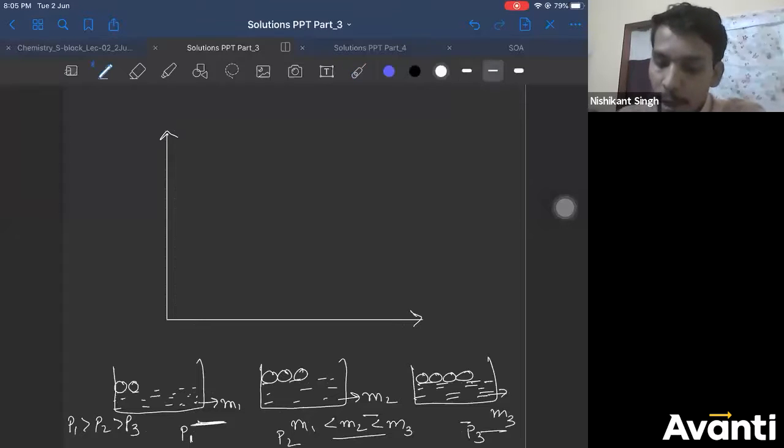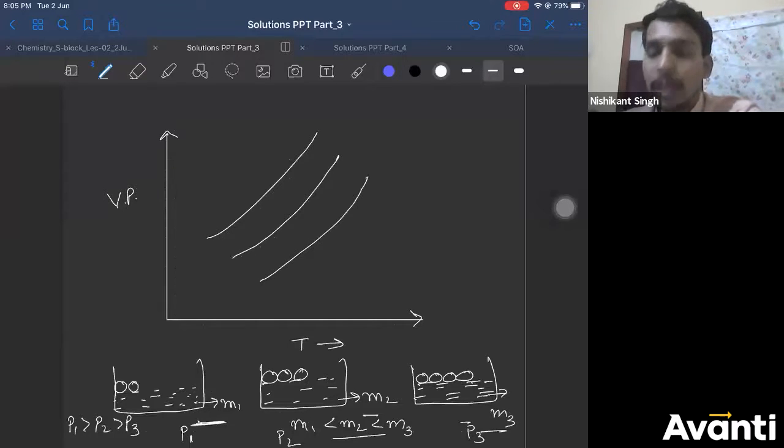Now, if I plot vapor pressure versus temperature graph, what I get is 3 graphs. Graph 1, graph 2, graph 3, right?